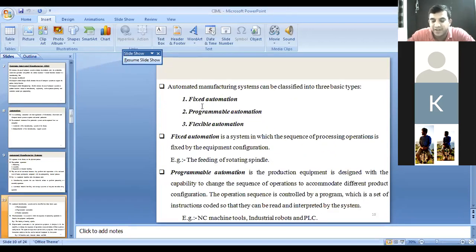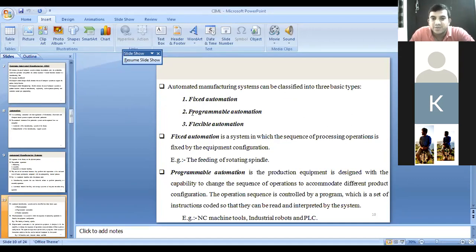For example, in a lathe machine doing thread cutting, the carriage has to move from right to left only. There is no change here; we can only change the pitch of the thread, by changing the gear mechanism.